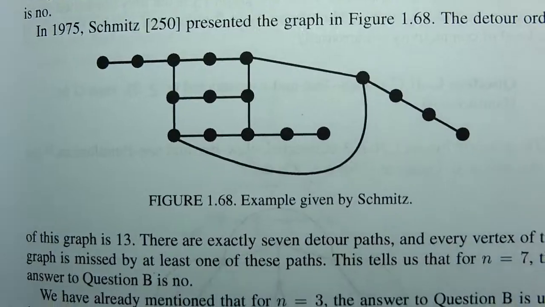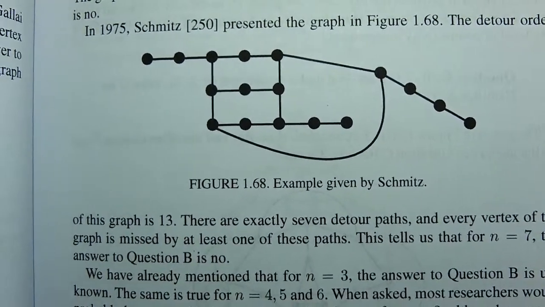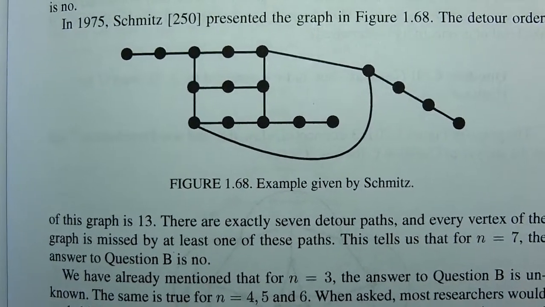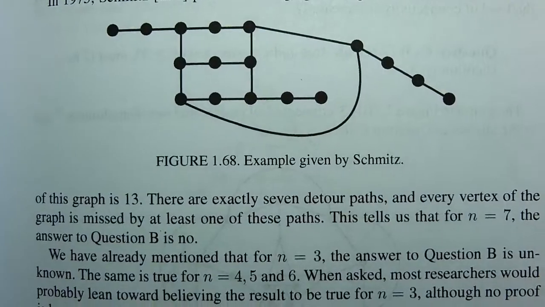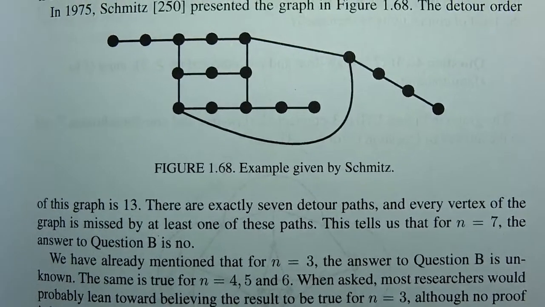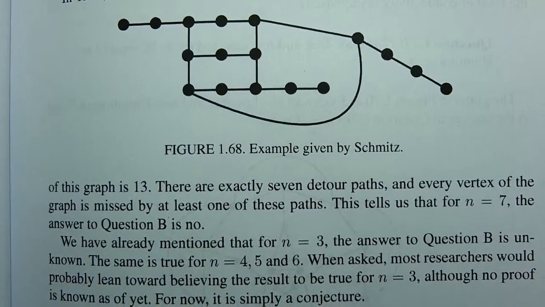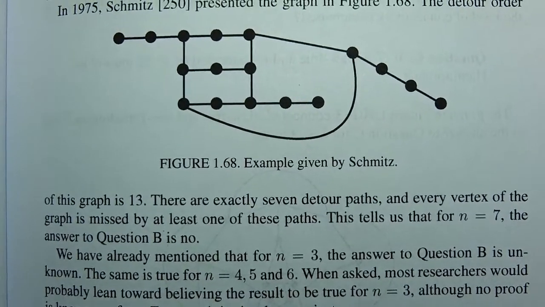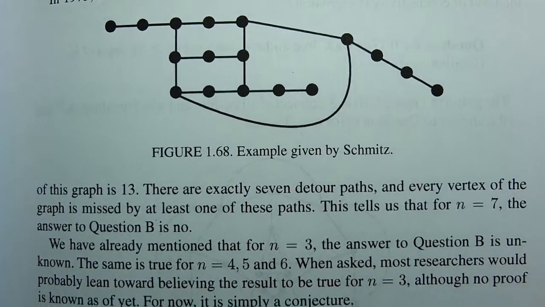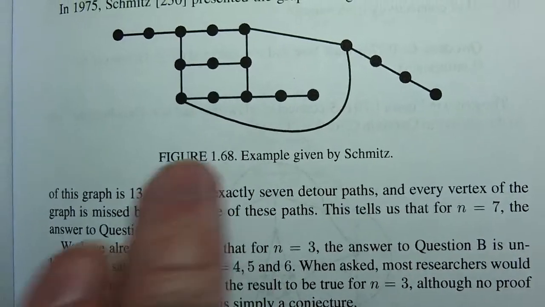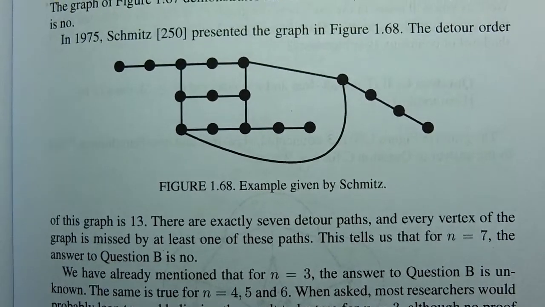As you can see, the detour order of this graph is 13. You can find your favorite detour path here. There are exactly 7 detour paths. You can find any 7 of them if you like. And every vertex of the graph is missed by at least one of these paths. So this tells us that for n equals 7, the answer to question B is also no.